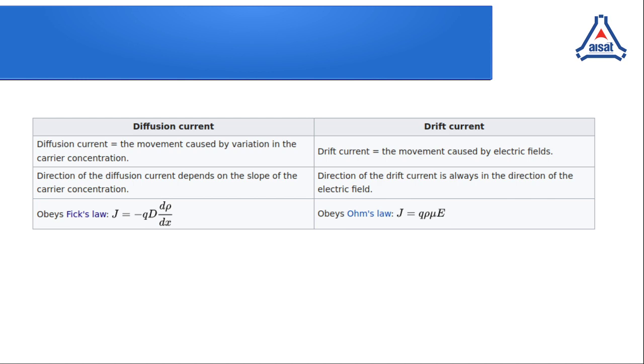The difference in equations is also discussed in this session. So in a nutshell, the current inside the semiconductor is due to both diffusion and drift of holes and electrons.